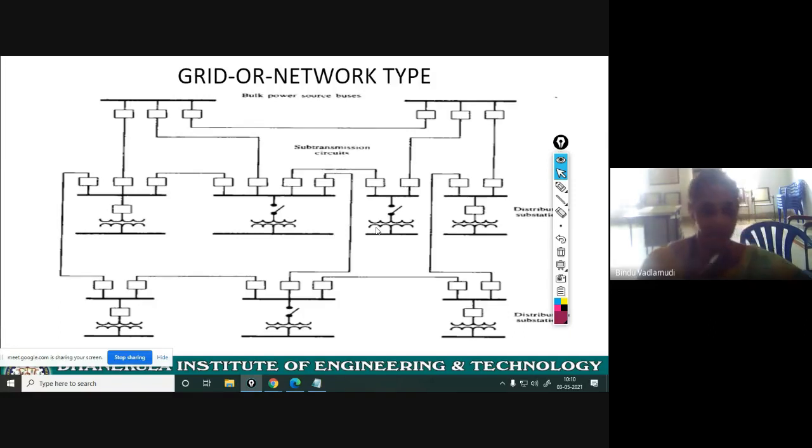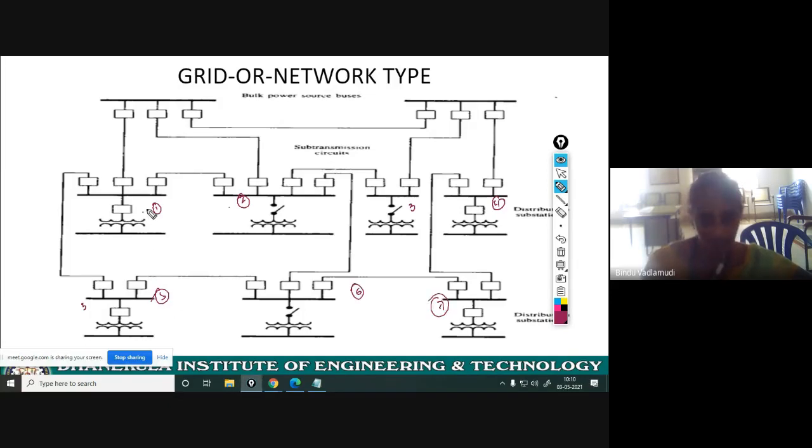Mark them as substations 1, 2, 3 and 4. If you observe, substation 1 is connected to 2, and at the same time also connected to 5.